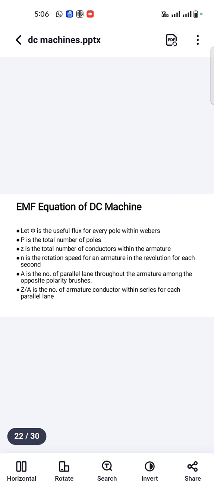Z is the number of conductors in the armature. Small n is the rotation speed in revolutions per second, and A is the number of parallel paths through the armature between opposite polarity brushes. Z by A is the number of armature conductors in series for each parallel path.